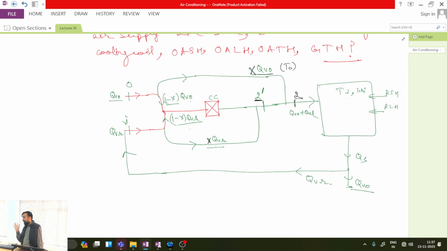What does it mean? It means that effectively it is increasing the sensible heat as well as the latent heat load of the room.